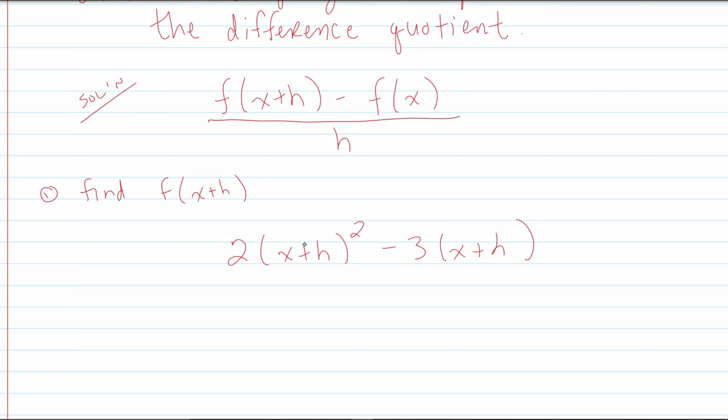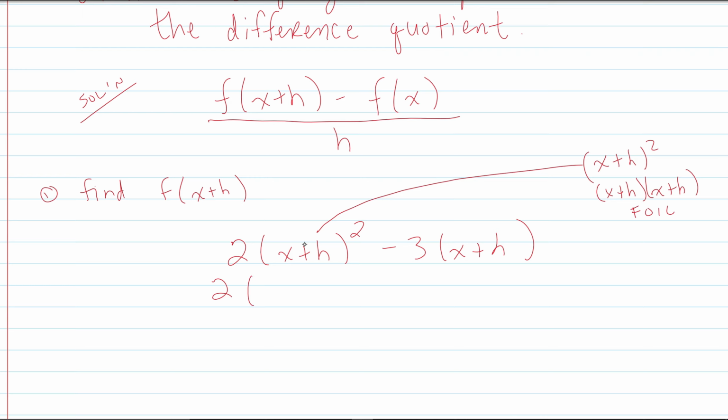And going through this, we get 2 times x plus h squared. On this one, you may have to go ahead and use some scrap paper, but this means x plus h times x plus h. So this is telling me x plus h squared to multiply it times itself. And when we multiply a binomial times a binomial, we would have to go ahead and FOIL, first, outer, inner, last.